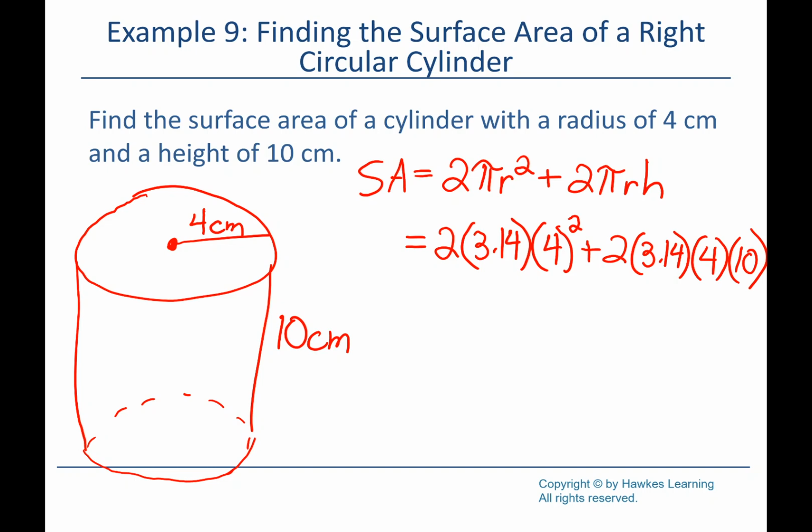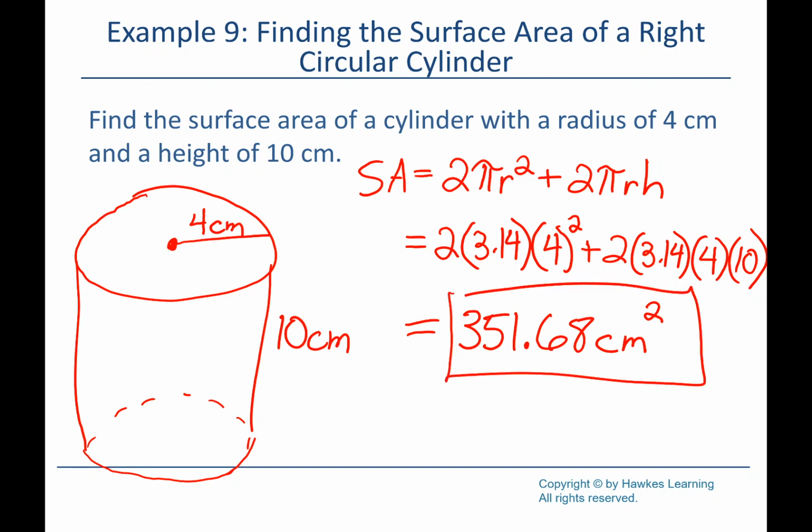We've got quite a bit to type in the calculator, but we'll let the calculator do the work. Here I get 351.68. We're in centimeters and doing surface area, so square centimeters.